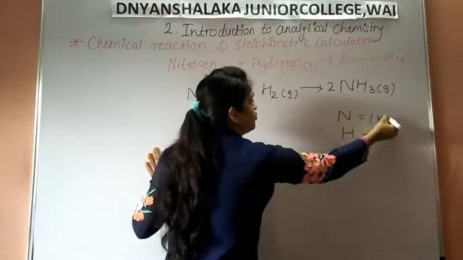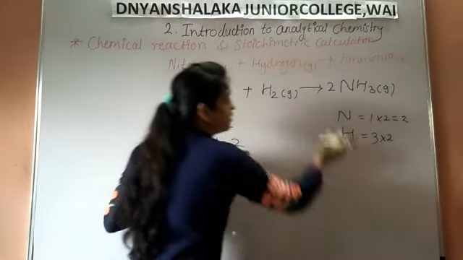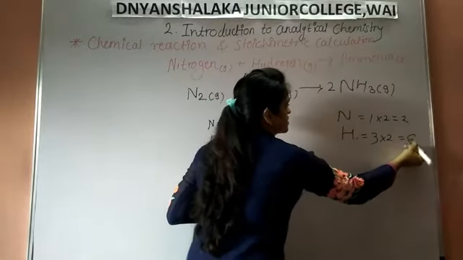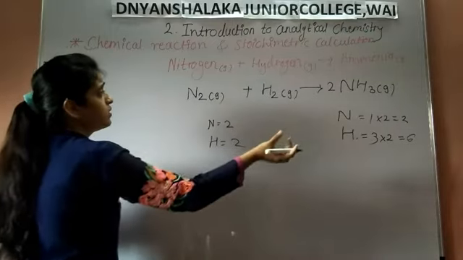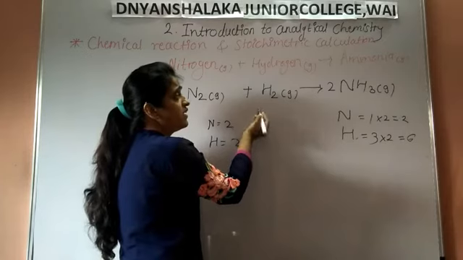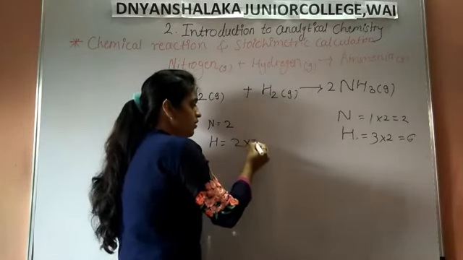So 1 into 2, nitrogen becomes 2, and 2 into 3 gives 6 hydrogen. Here hydrogen is only 2 atoms, so we multiply by a whole number.